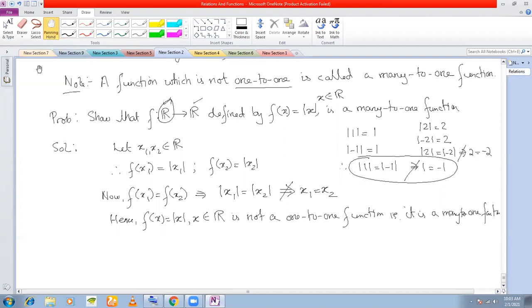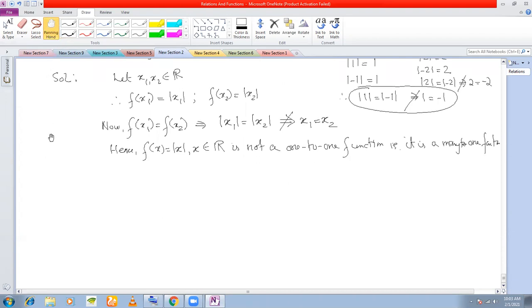Some problems in this look fairly simple, but actually they are not simple. You have to be very careful with these one-to-one and many-to-one problems. Let us say a very tricky problem here.